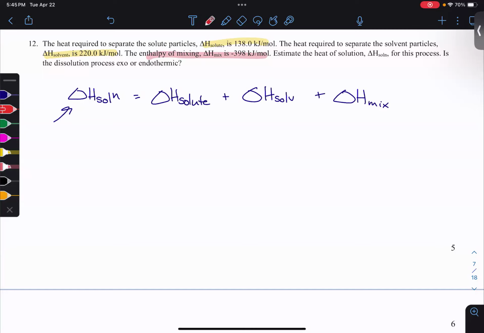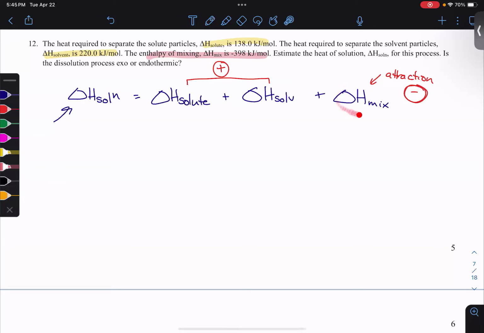So this term is an attractions term. So delta H of mixing is always a negative number because we're bringing attracted things close together. But solute and solvent, because we're breaking IMFs, these are always positive numbers. They're always endothermic. But it's the magnitude of these that tells us whether a solution is overall exo or endothermic.